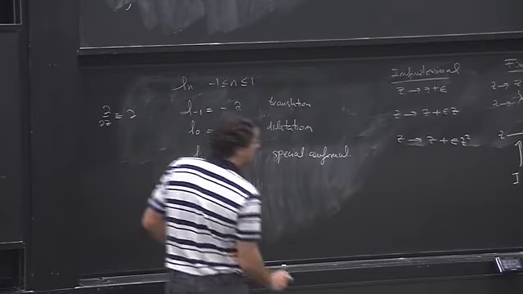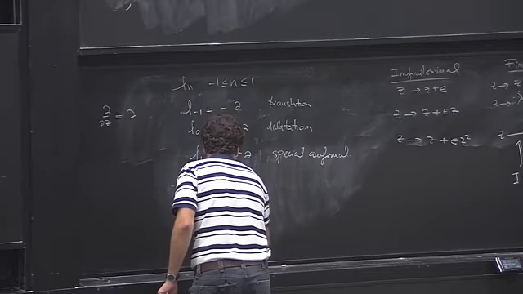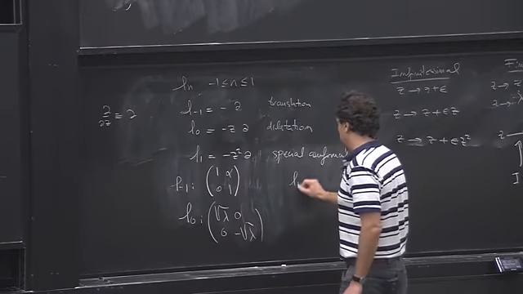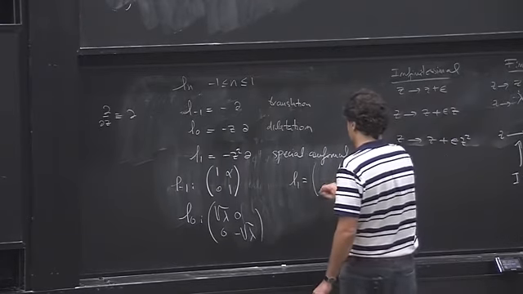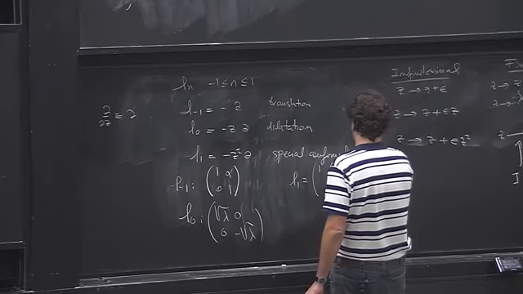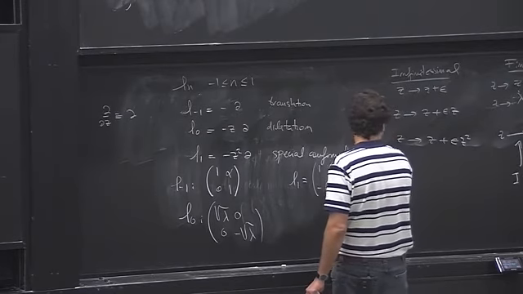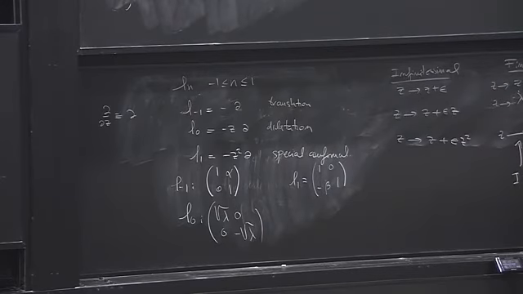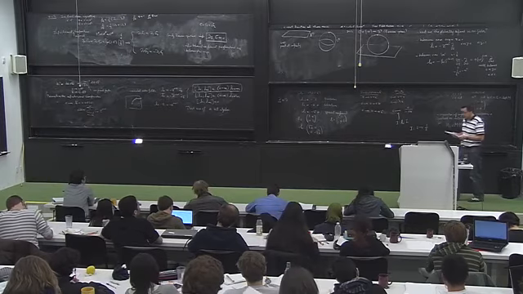Dilatations is (root lambda 0; 0 minus root lambda), and then L1 will be (1 0; minus beta 1), okay? And all other transformations can be obtained just by concatenating these transformations.